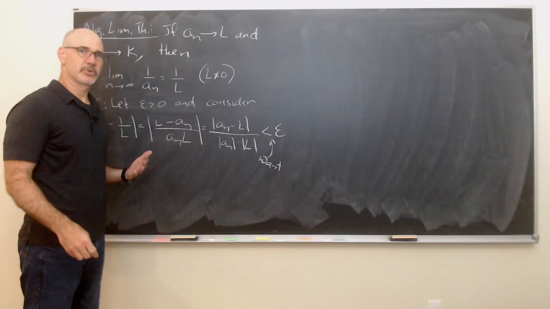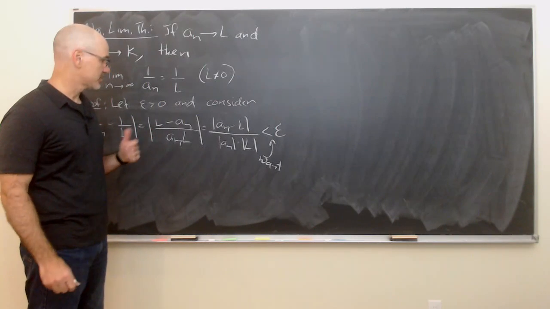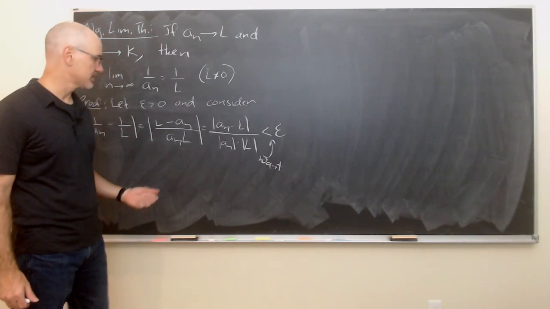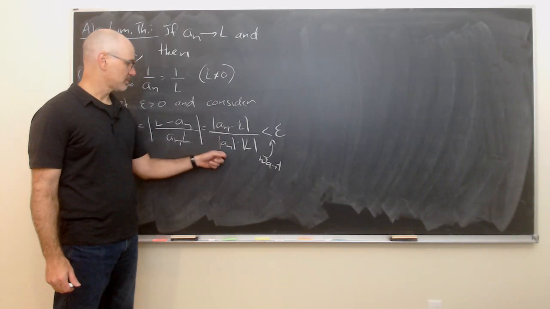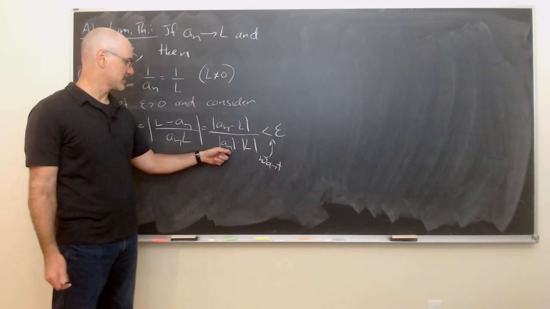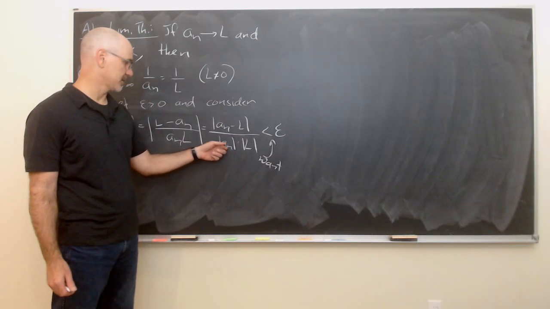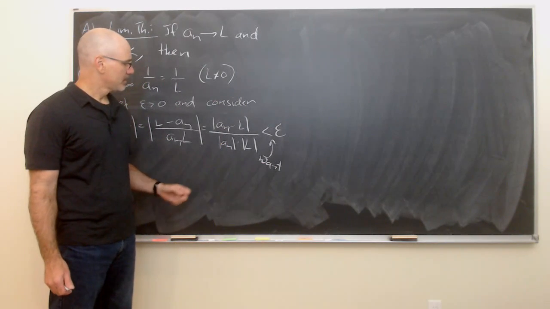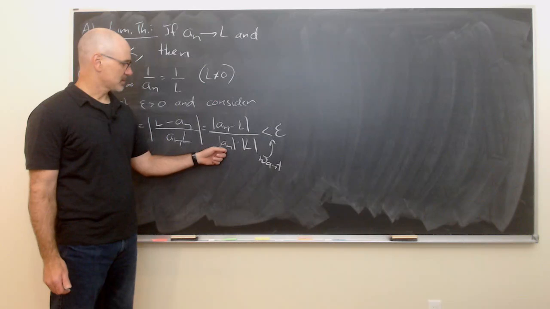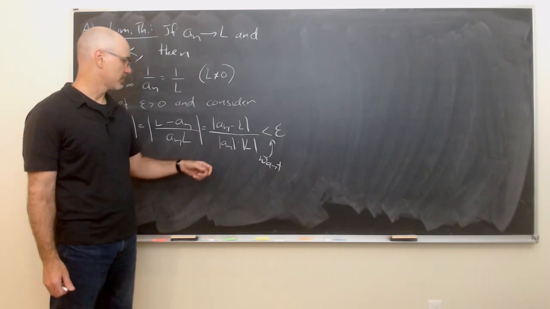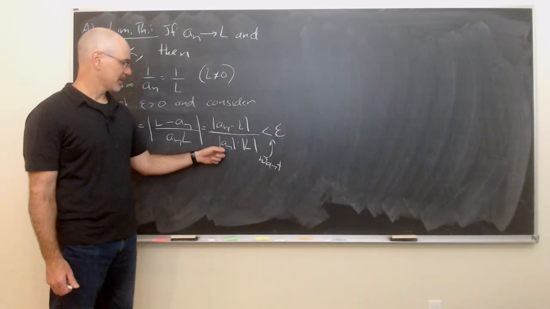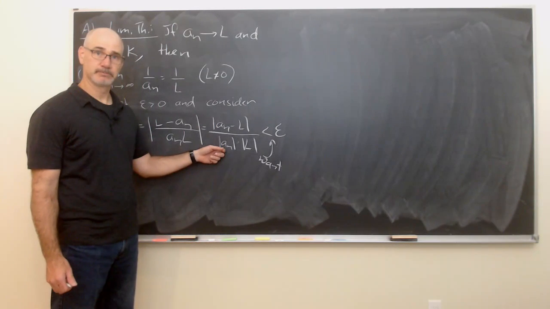Now, this one presents a new challenge that the previous ones didn't. We've had some trouble before where we had a term like a sub n appear, and we had to get a bound for it so that our epsilon didn't depend on n. But this case is a little bit more problematic, because not only do we need a bound for a sub n, what we really need to do is bound it away from 0.